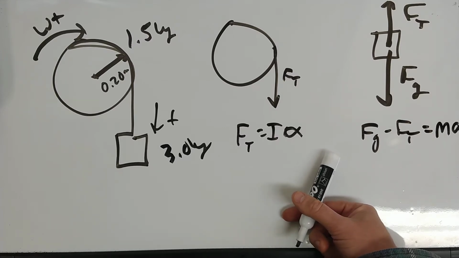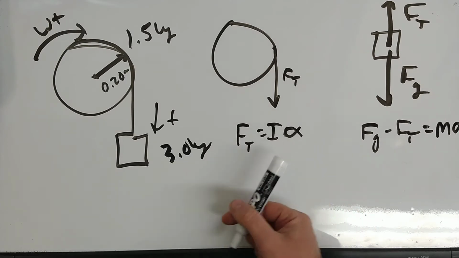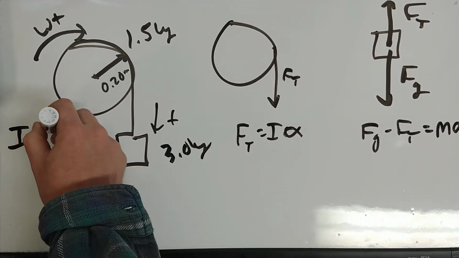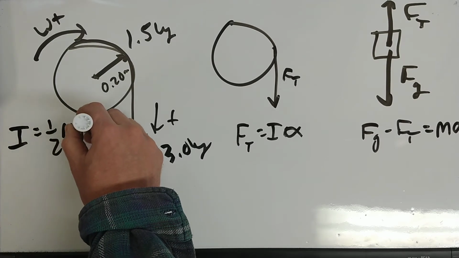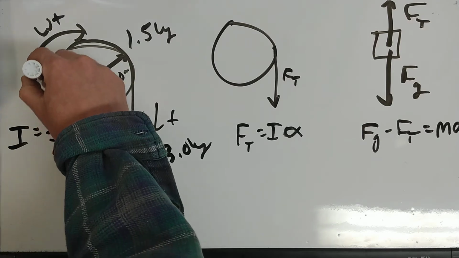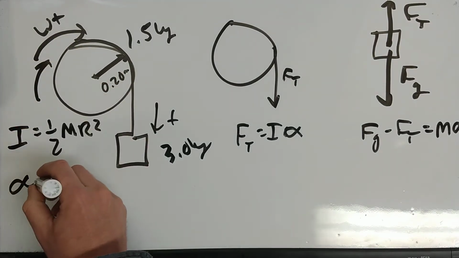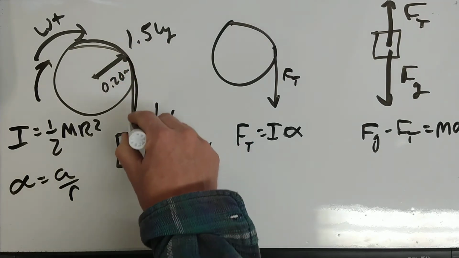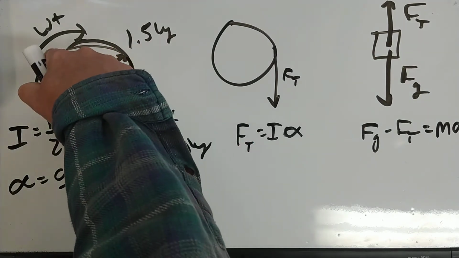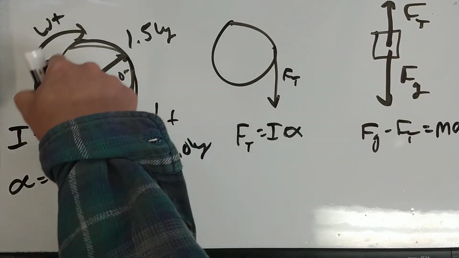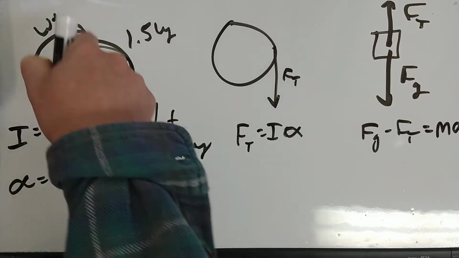Then it becomes, okay, which one is it going to be? Well, the disk, I equals 1/2 mr squared. The acceleration of this, the alpha, is going to be a over r. Now this acceleration going down of this object, that's the rate at which the string's pulling it down. That's going to give it its acceleration as it rotates, right?